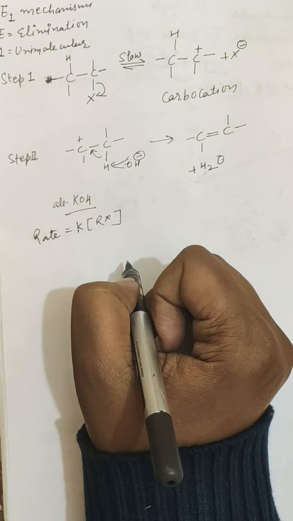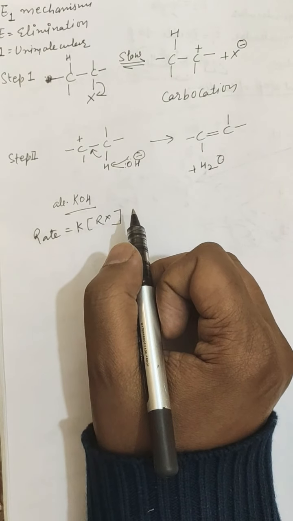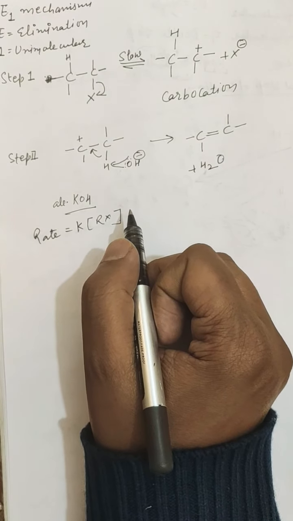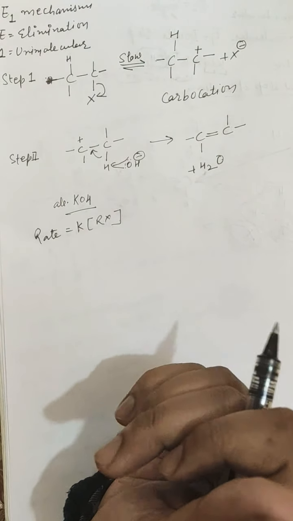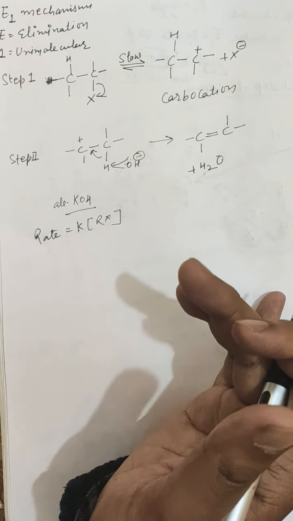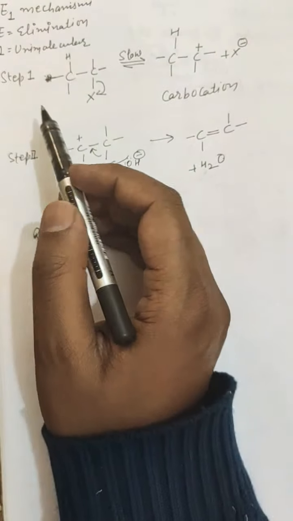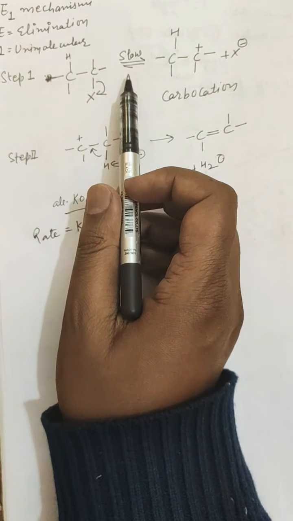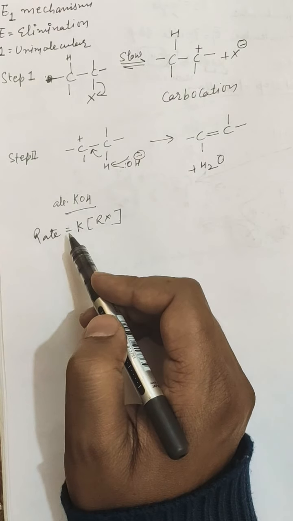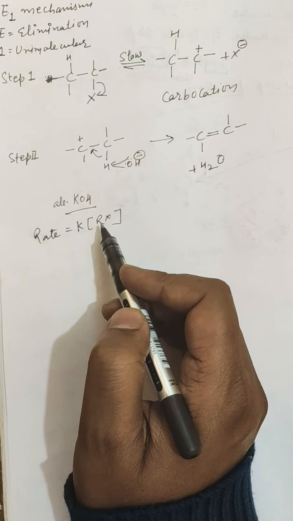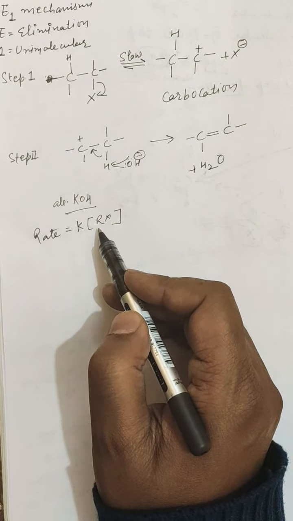From chemical kinetics you must remember on which step the rate of a multi-step reaction depends. The rate of reaction depends upon the slow step of the reaction. So here step 1 is the slow step, so the rate of the reaction depends upon the concentration of this alkyl halide. I have written the general term for the alkyl halide, that is R-X.